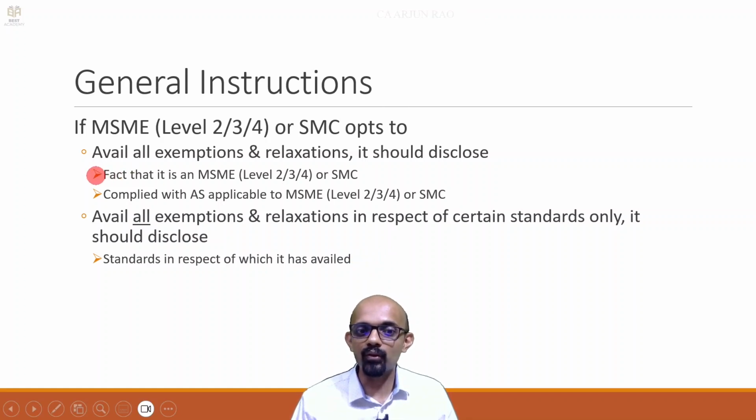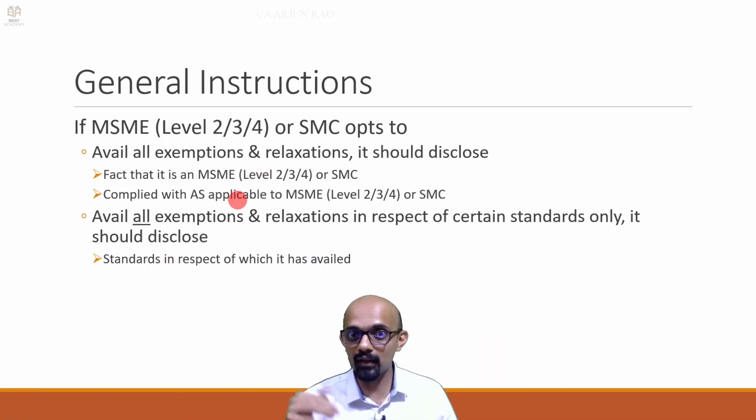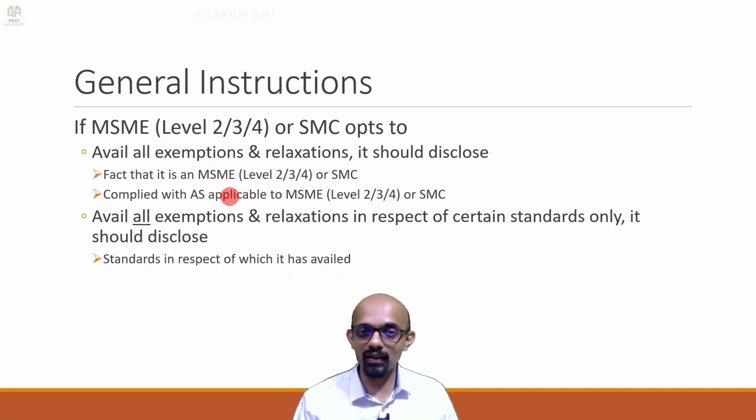All you have to do is state that you are an MSME or an SMC, and that you have complied with the applicable AS. So this statement should anyway be given. If you follow all the 27 accounting standards, then you need not state this.